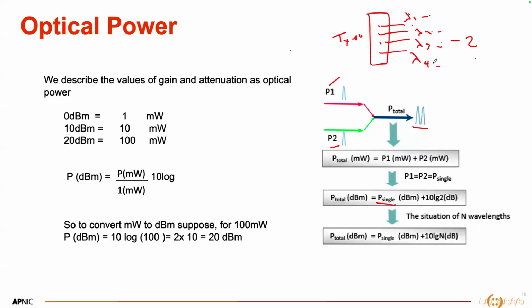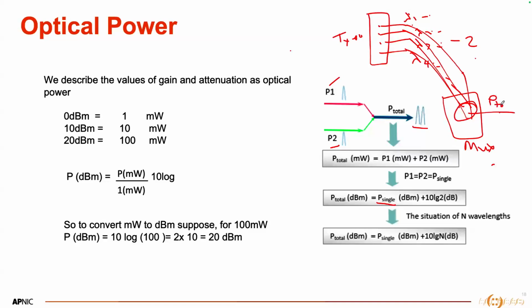And when they are multiplexed, the lambdas are multiplexed together, right? And then they are thrown to the multiplexer. The multiplexer does the multiplexation and throws the combined signal. So this is P total.